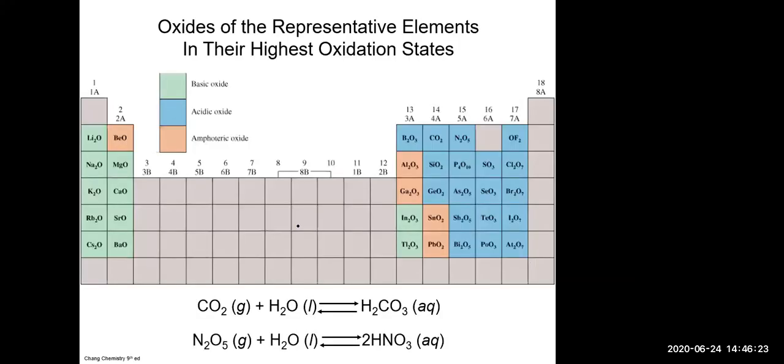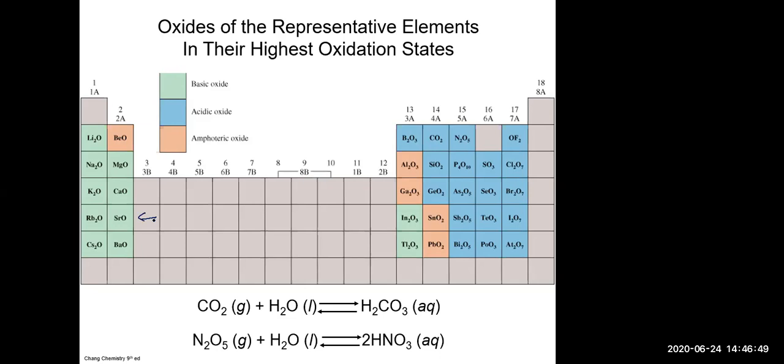So let's talk a little bit about oxides. Oxides are compounds that obviously contain oxygen. And depending on where they are on the periodic table, when they react with water, they will sometimes produce either a base or an acid. So that's why they're sometimes referred to as basic oxides or acidic oxides. They're in group 1 over here.